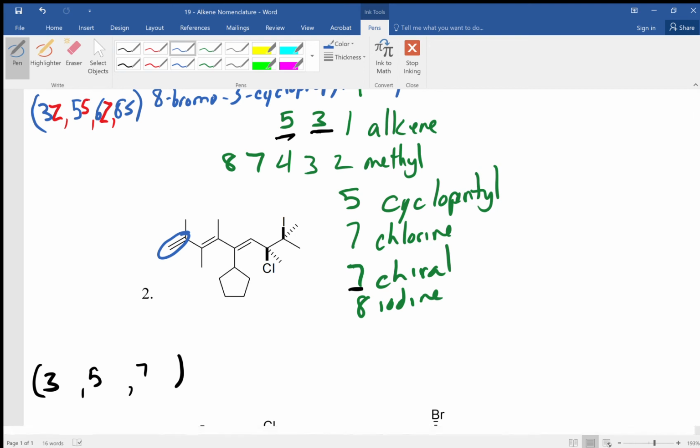So since those substituents are identical, E and Z don't apply. Our next alkene has a methyl on one side versus a carbon group on the other side. And the other side's actually very similar. The methyl is going to be lower priority than the large carbon group. So our highest priority groups are on opposite sides, so that makes this 3E.